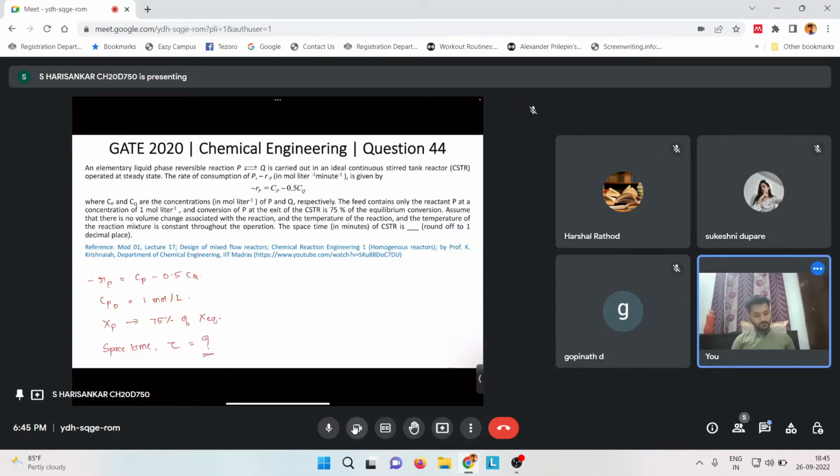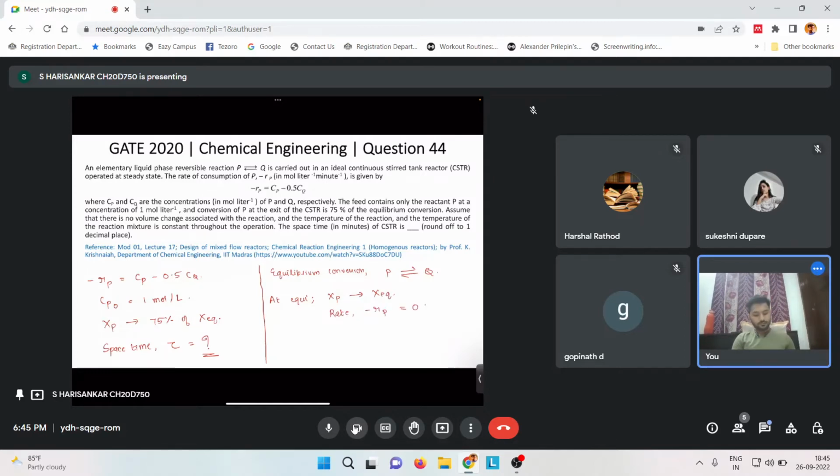Okay, now let us start with the equilibrium conversion. So for equilibrium conversion, we have this equation P reversibly gives Q. At equilibrium, the conversion will be equilibrium conversion, and at equilibrium the rate of reaction or minus Rp will be 0.